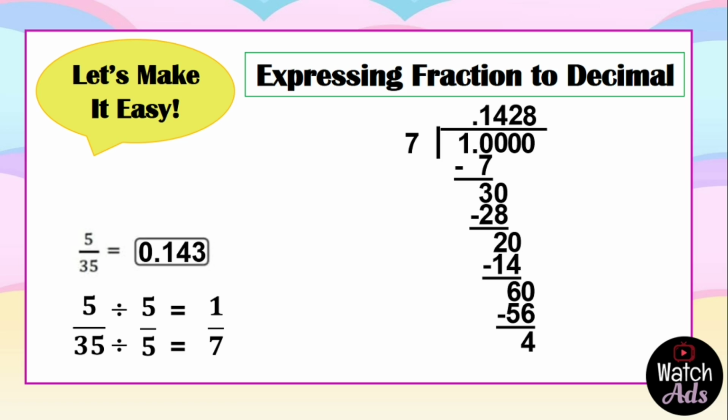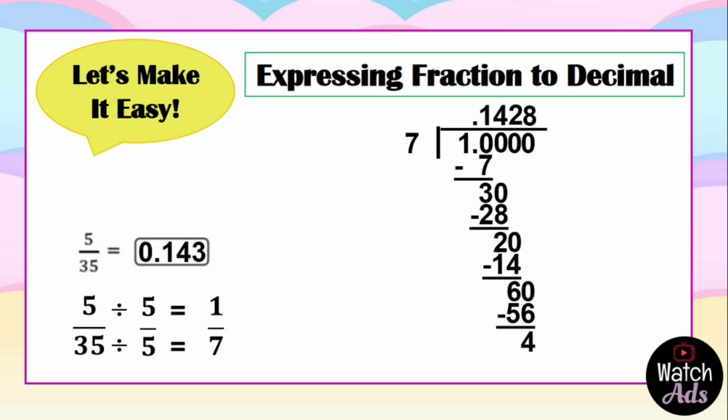Now, I want to remind you that if the denominator is a factor of 10 or a factor of 100, you can just do the first step that I have introduced. That's easier if the denominator is a factor of 10 or 100. Don't go to 1,000. It will take us a lot of time guessing what would be the number to be multiplied.